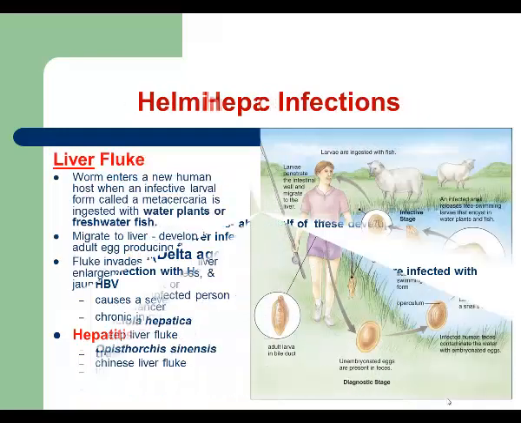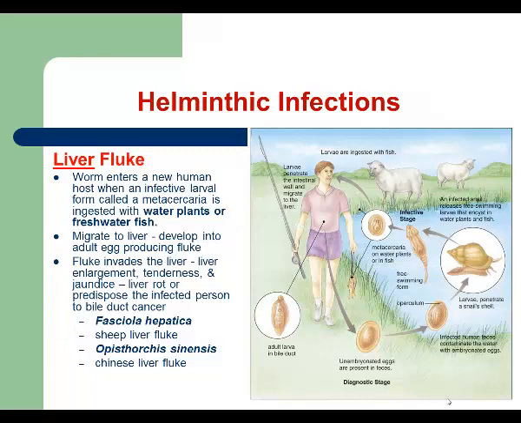And lastly, we're going to talk about helminthic infections of the liver, and we will talk about liver fluke. As you remember, flukes are flatworms. There's no liver fluke here in the United States, so that's why we're not going to stop on this infection in all details.